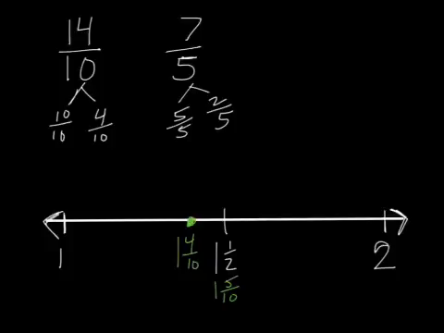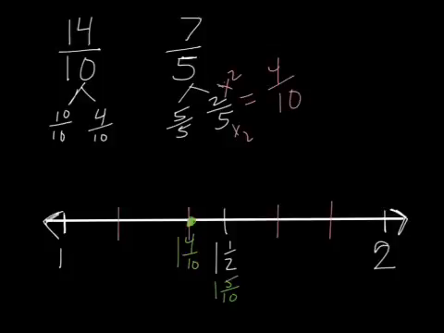Now let's take a look at the 2/5. If I take this number line and break it into 1, 2, 3, 4, 5, 2/5, can I make that an equal fraction? Can I multiply the top by 2 and bottom by 2? That is going to be equal to 4/10.